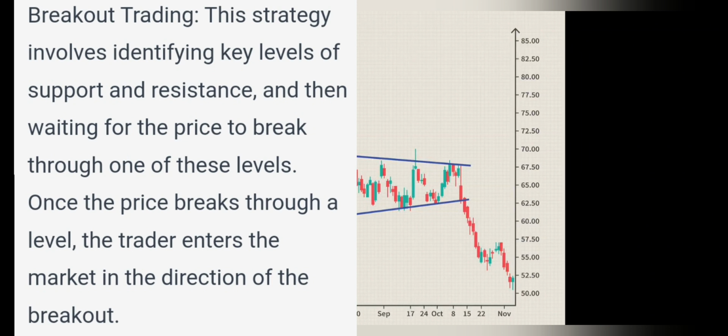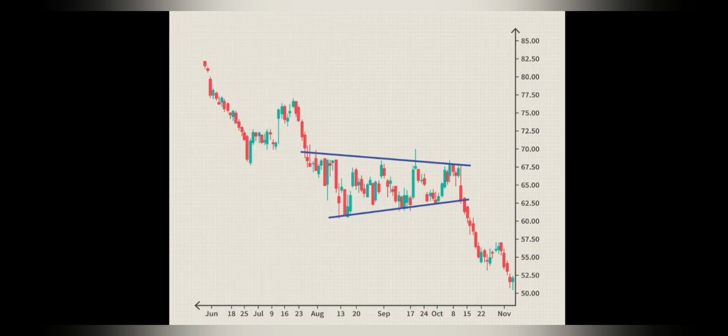Now, what this simply means, ladies and gentlemen, is that a trader is going to analyze a chart using support and resistance. Okay, if you guys don't understand what support and resistance is, I've done videos about support and resistance. You guys can click in the corner of this video and you can check that out.